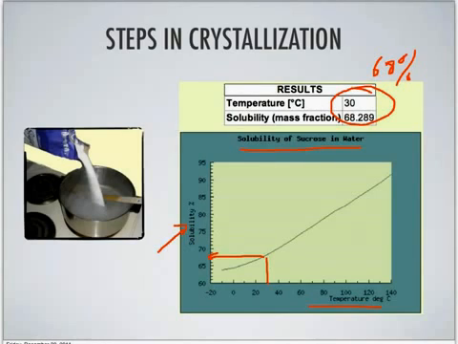This means that if you have 100 ml of water at 30 degrees Celsius, we can dissolve up to 68 gram sucrose.